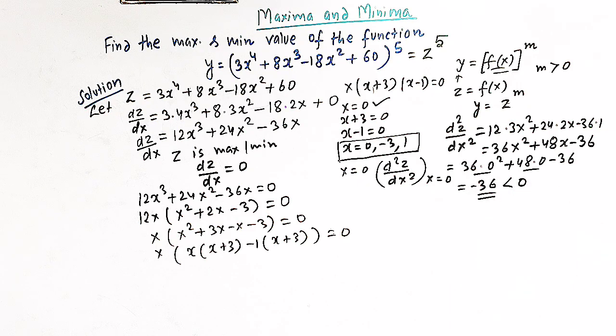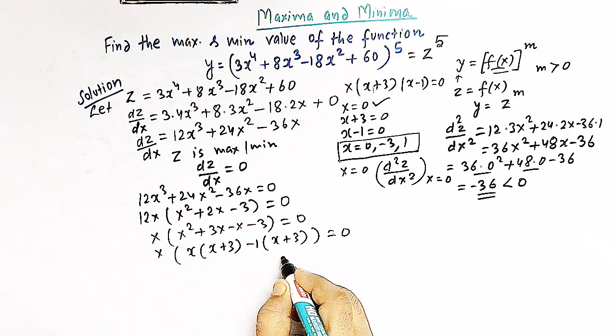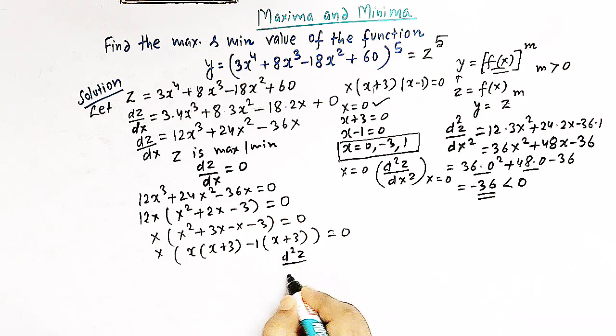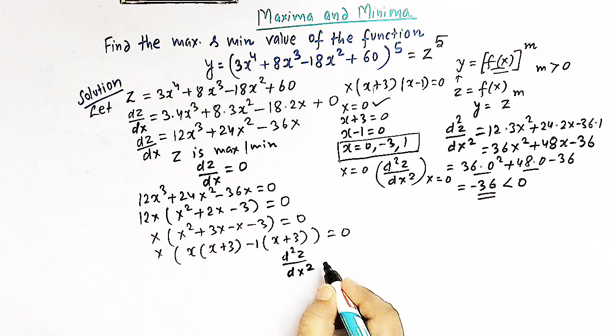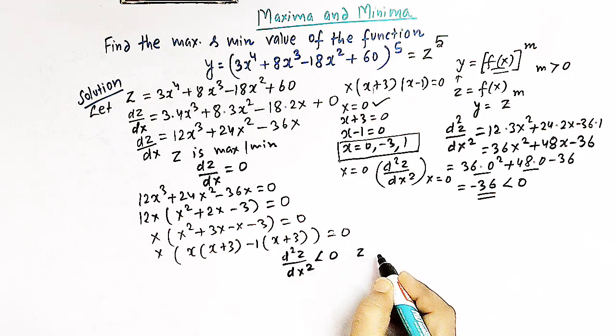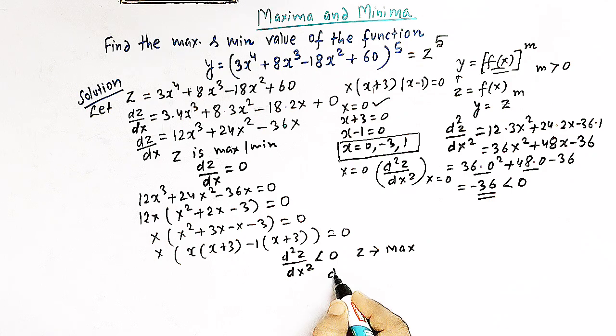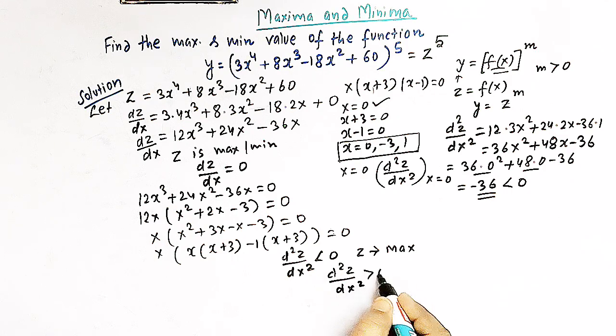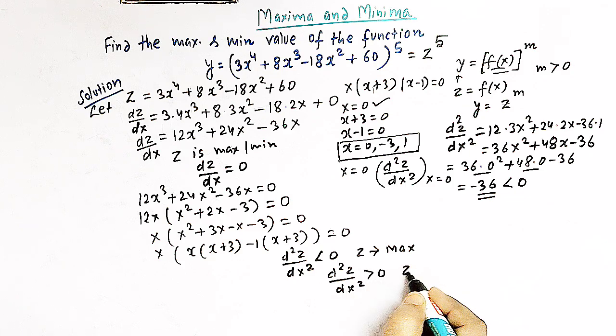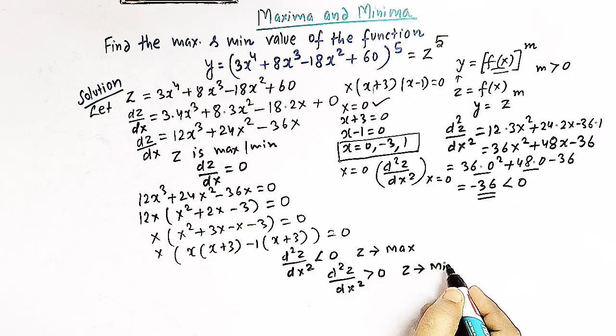Now the second derivative test says that if the second derivative is negative, that is less than 0, then z is maximum. And if the second derivative is greater than 0, that is positive, then z is minimum.